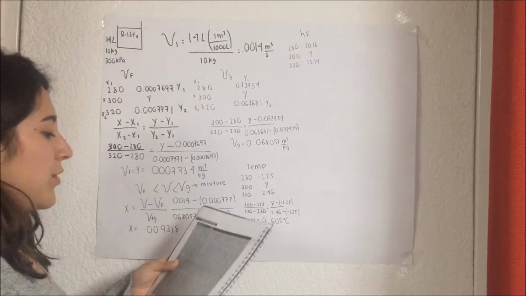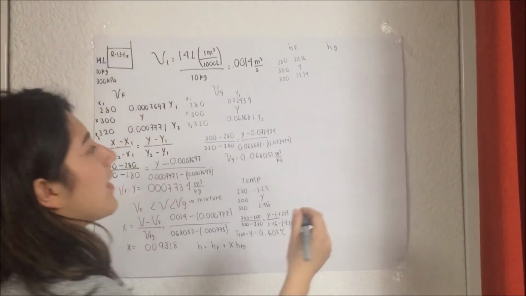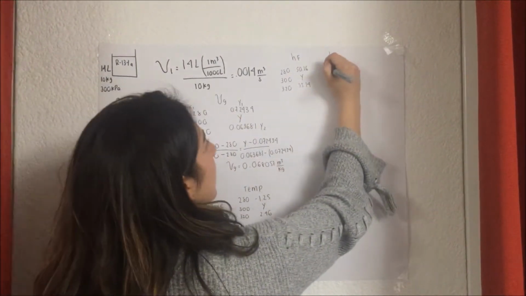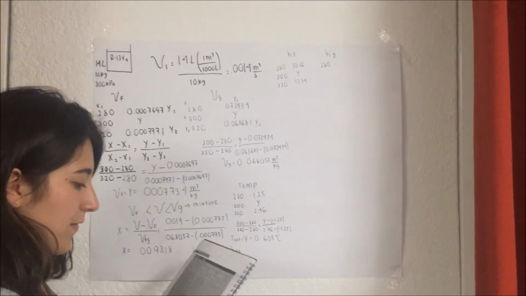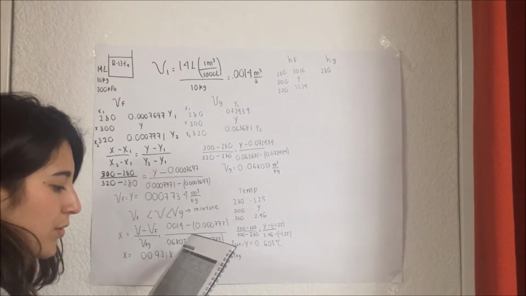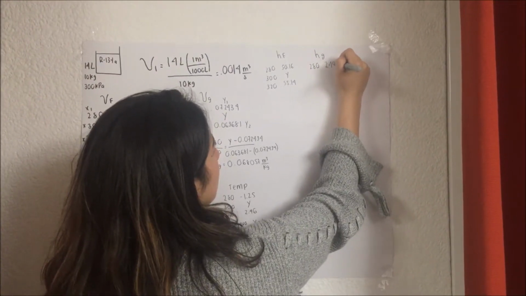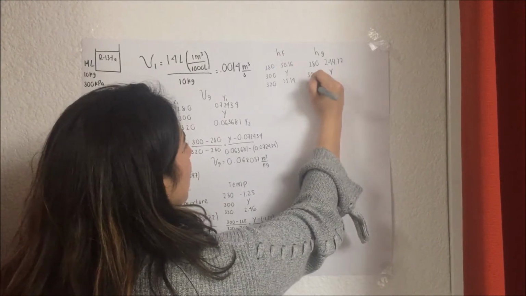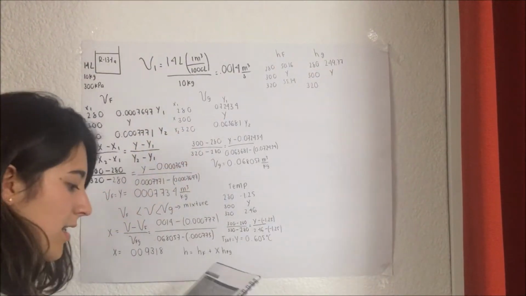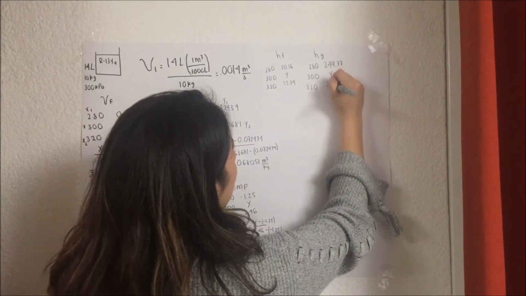For hg, for 280, our hg in table A12 equals 249.77, for 300 we don't know, and for 320 equals 251.93.